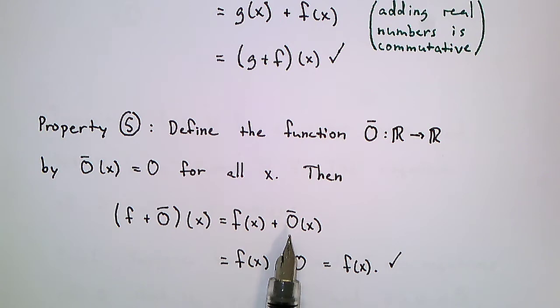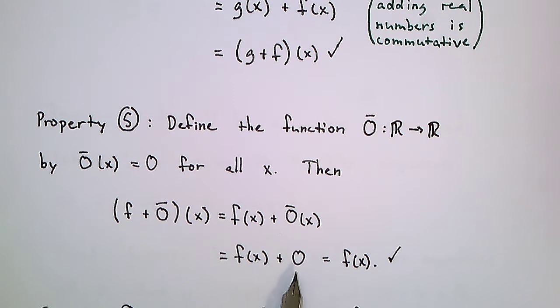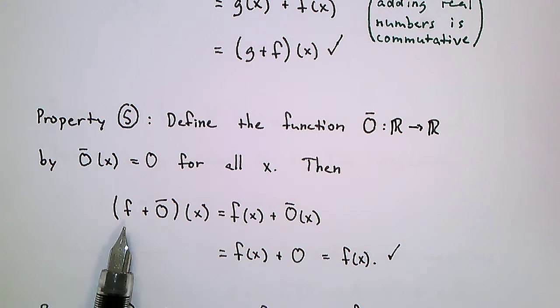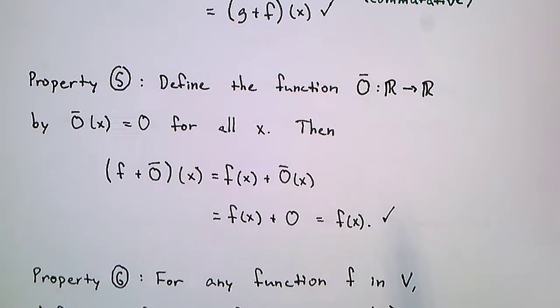So I have f of x plus my 0 function of x. F of x we'll just leave alone, but the 0 function we know just spits out 0. And then this is adding real numbers. The real number f of x plus the number 0 is just f of x. So when I add this new 0 function to any other function, it doesn't do anything. We just get what we started with. And that completes property 5.